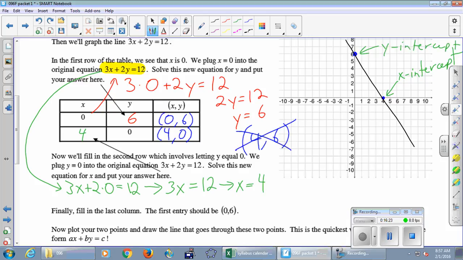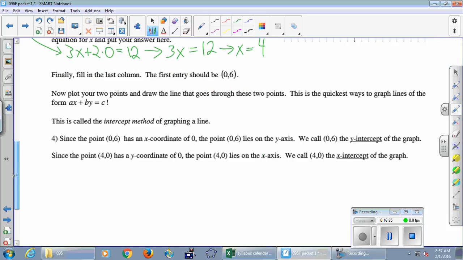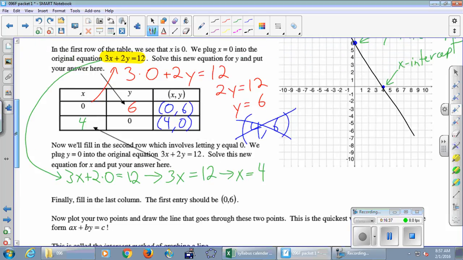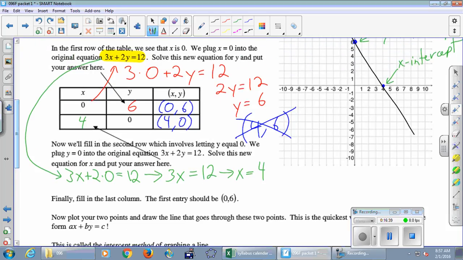And not surprisingly, this method that we just used to graph that line is called the intercept method of graphing a line. Questions on that? Okay, so do not feel obligated to solve equations for y, not today anyway. We can just find the 2 intercepts.